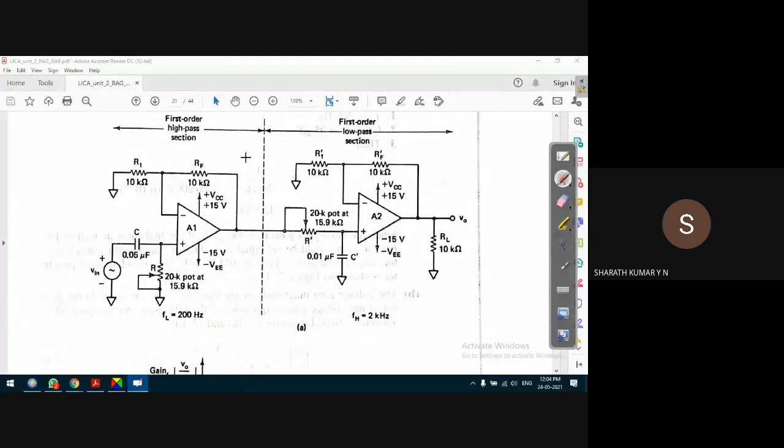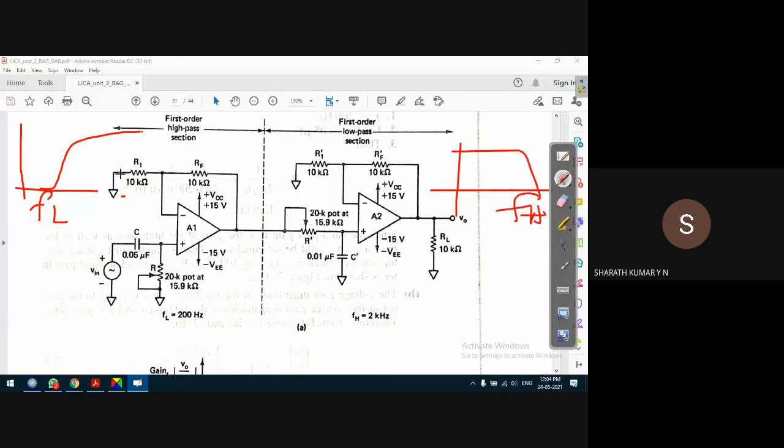The first is the high pass filter section, which is something like this. This should be FL. This is the low pass filter, and this should be FH. When these two are merged, it should be something like this: this is the high pass and this is the low pass.